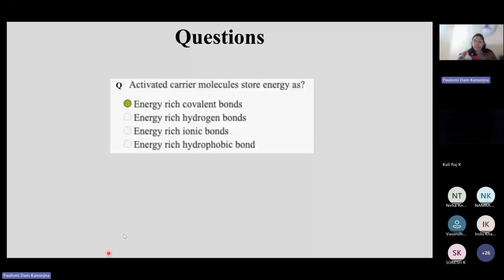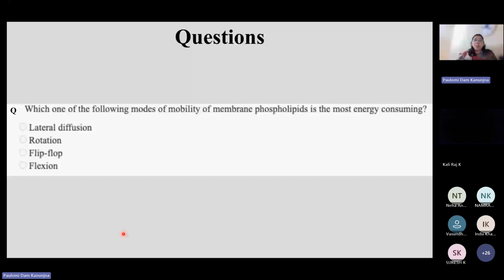Okay, next one. Which are the following modes of mobility of membrane phospholipid? Remember, I told you that it's fluid, but which is the mode of the mobility of the membrane phospholipids and which is the most energy consuming? And you can think about it.